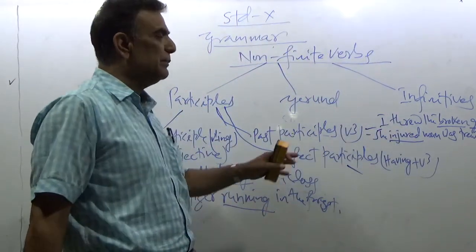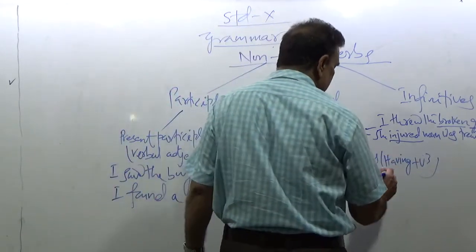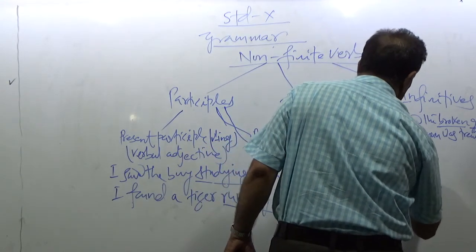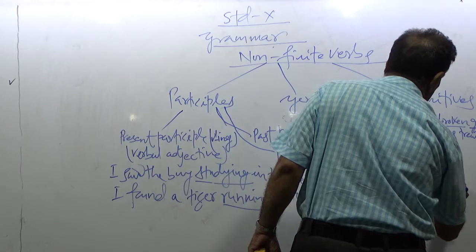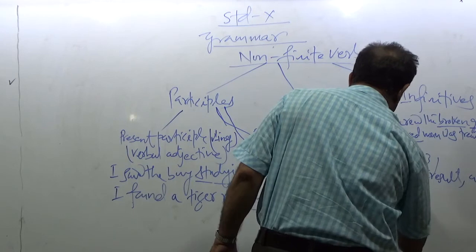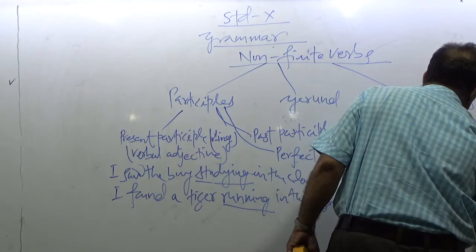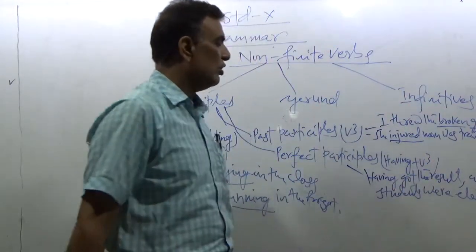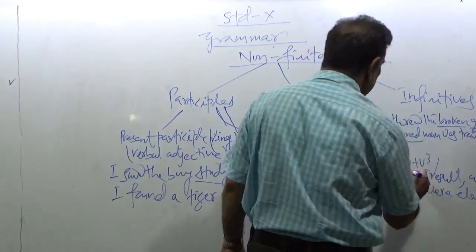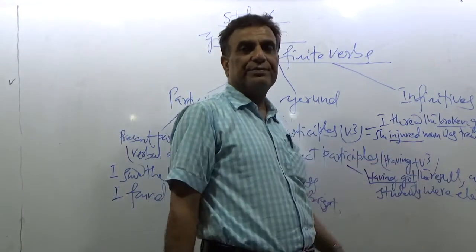Next is the perfect participle. It is the perfect participle, and the form will be having plus V3. Having got the result, all students were elated. Having got the result. You see, this is a perfect participle, qualifying the noun result.